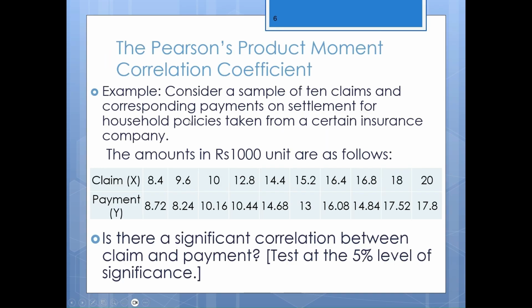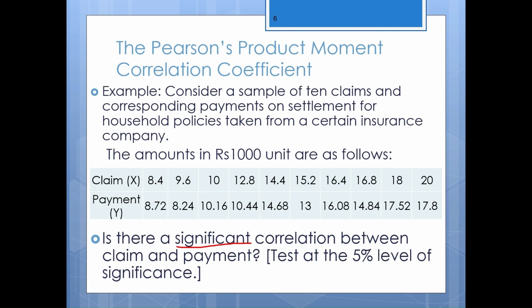Let's take this example here. To start with, your question is: is there a significant correlation between claim and payment amount? As soon as you see this word significant, that should trigger the response of hypothesis testing.